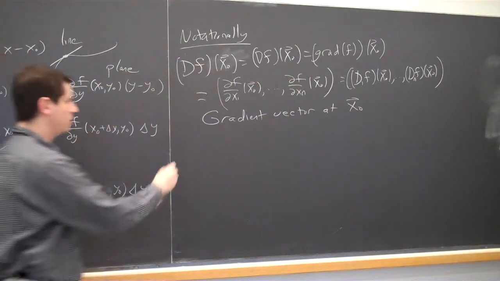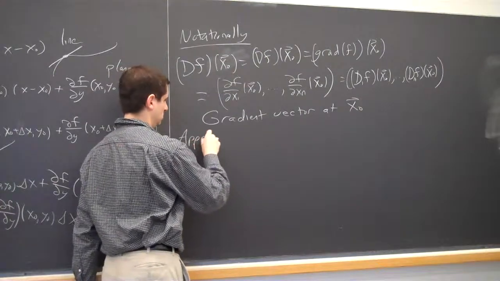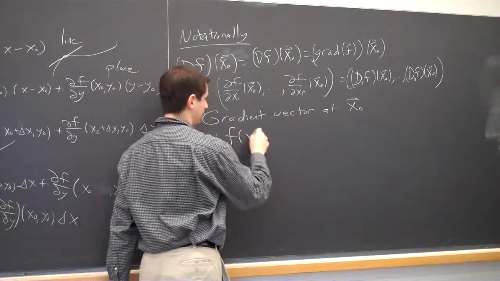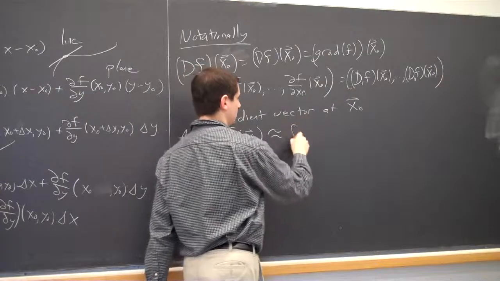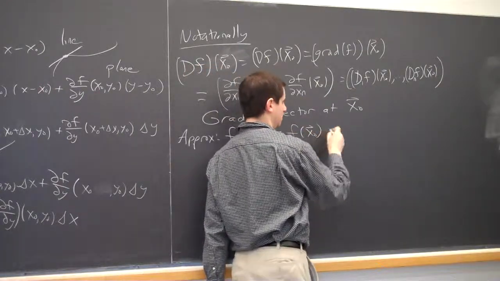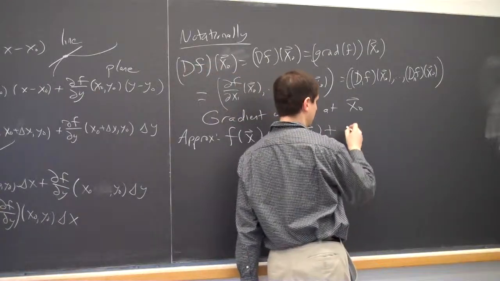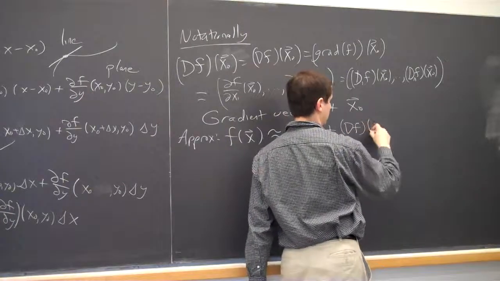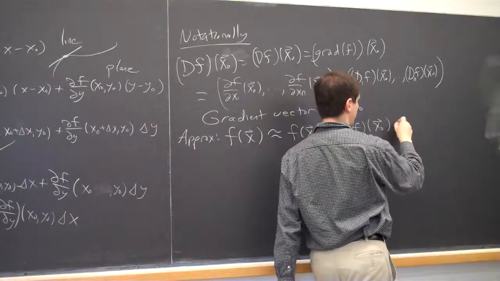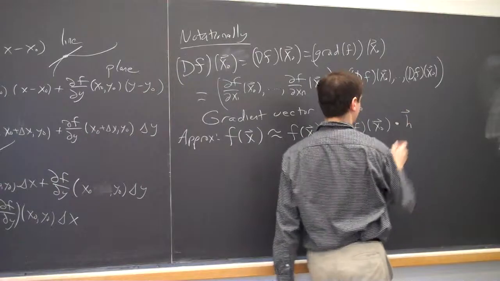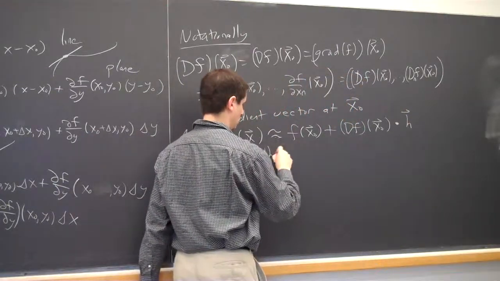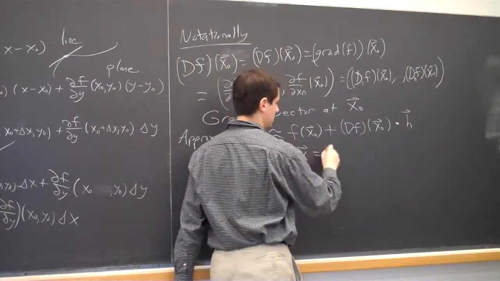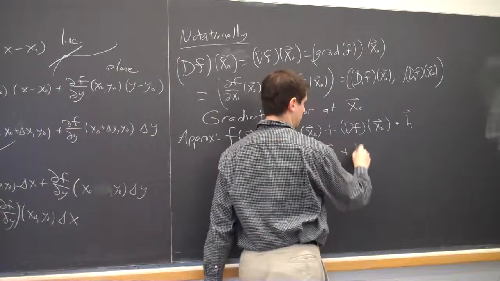And we get the following approximation. f of x is approximately f of x naught plus the gradient of f at x naught dotted with the vector h, where x is x naught plus h.